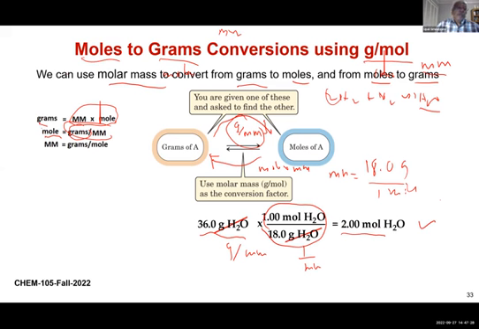So what we do to convert grams to moles is grams divided by molar mass. We use that idea. So in chemical calculations, we use this equation.